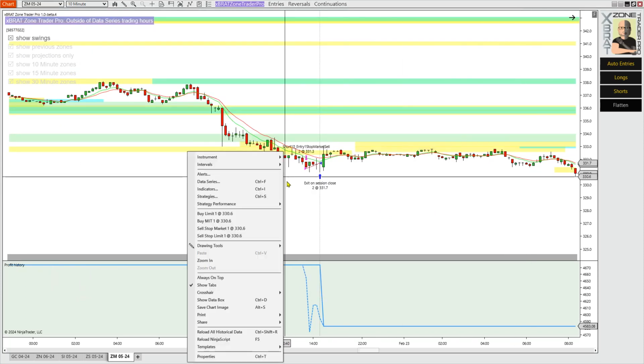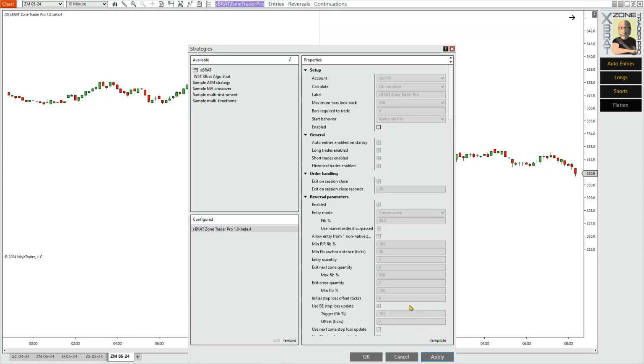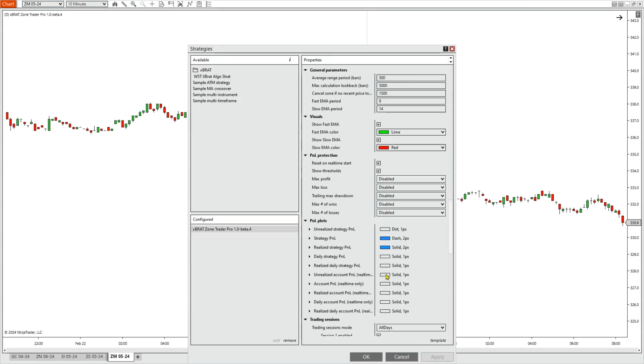Okay, so this is not really going to help unless we go to 12. We don't want to lose any more trades, so I'm just going to try 12 and then we'll go back to where it was.